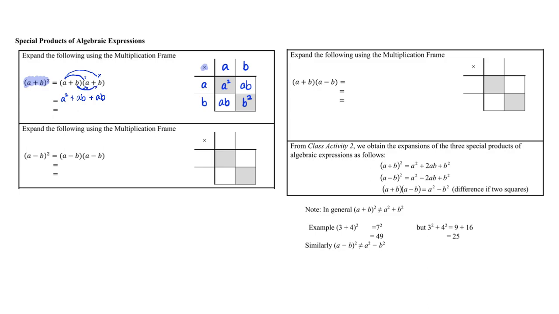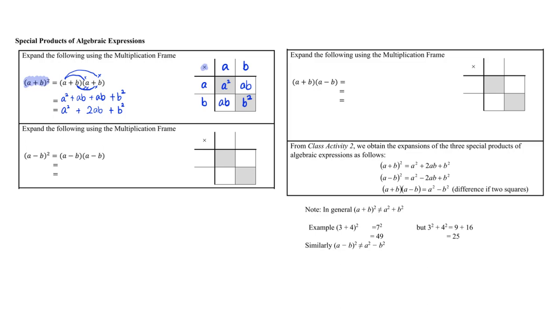And I would have positive b square, and eventually the ab terms are like terms, and I would have this identity or formula that we could use if we see (a plus b) bracket square. We can just substitute into this formula.